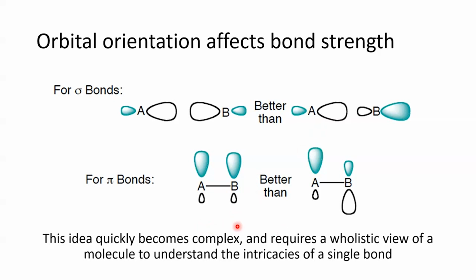Correctly oriented orbitals and orbitals of similar sizes are going to be more stable than incorrectly oriented orbitals or orbitals where the electron density is mismatched. Now, this idea quickly becomes complicated and it requires a holistic view to understand the stability of bonds. And this is largely where computational chemistry comes in. This is not something you can just figure out with a pencil and paper.